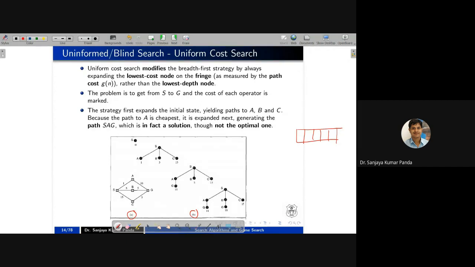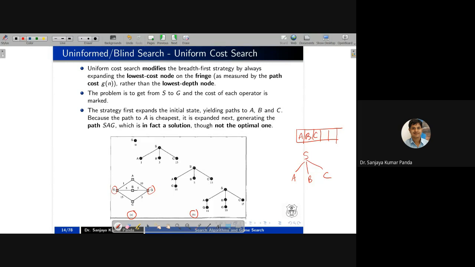Now the source is represented as S, and the goal is represented as G. So when you expand S, what do you get? You get A, B, C. Earlier S was at the front of the queue, that's why you removed S and expanded it. You got A, B, C. Now you put A, B, C in this queue.